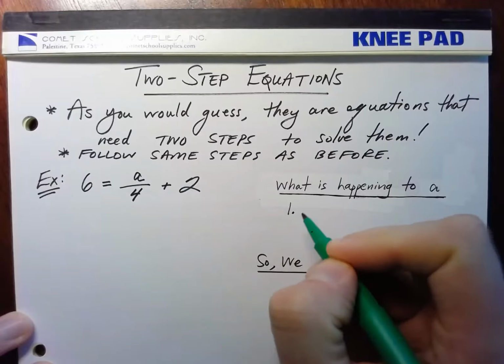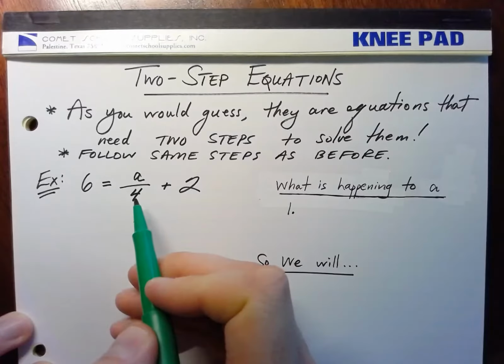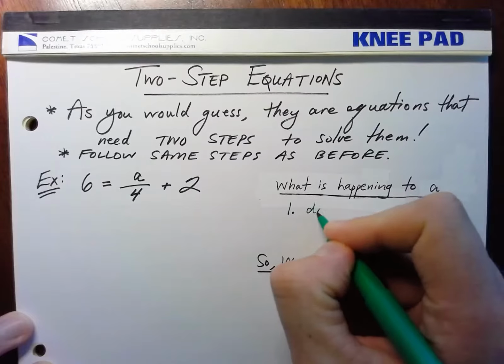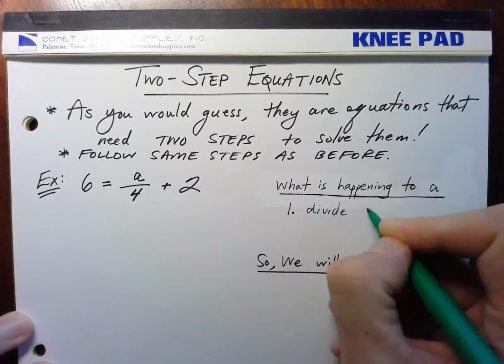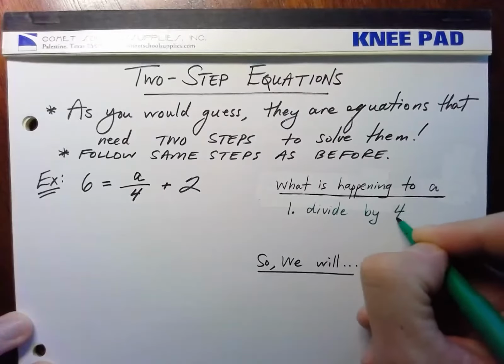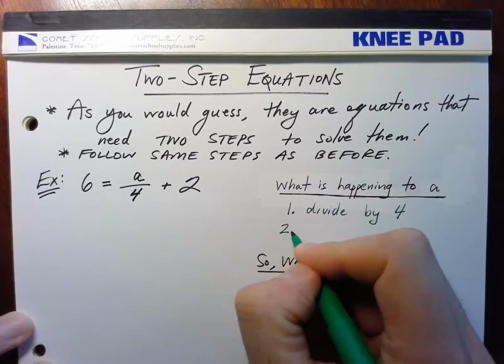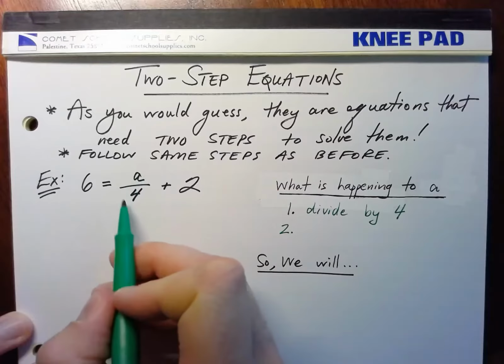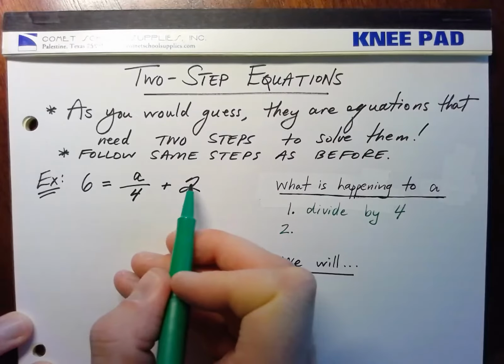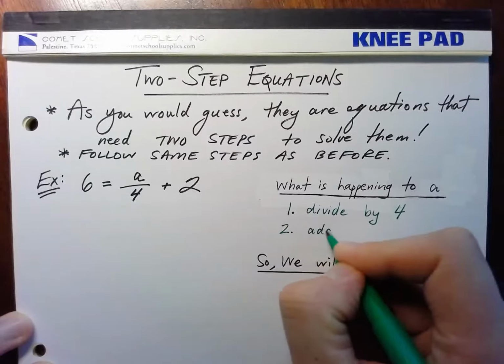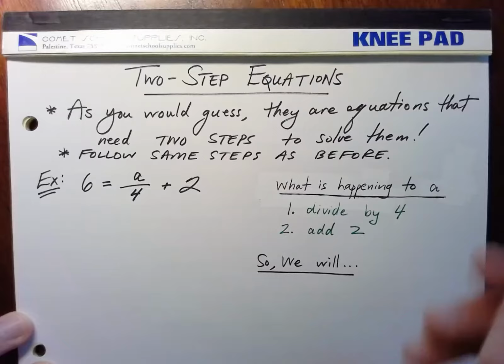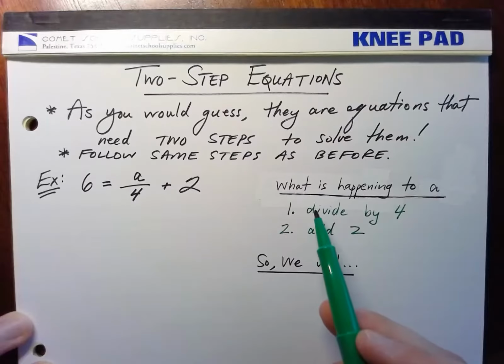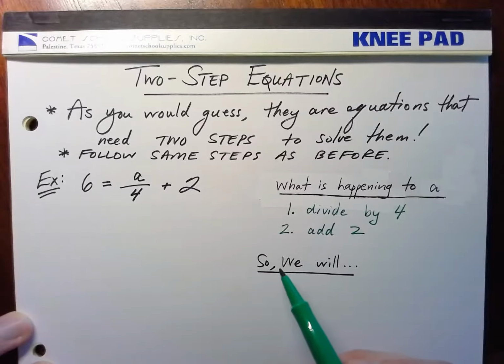Well, the first thing that's happening to a is it's being divided by 4. So divide by 4. And then the next thing that's being done to a after this happens, divided by 4, then it's being added by 2. So add 2. And so you literally just reverse the order.